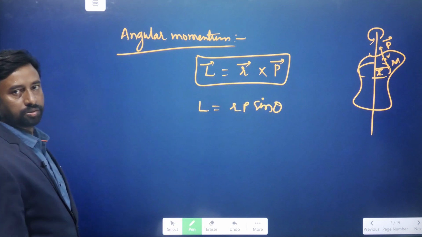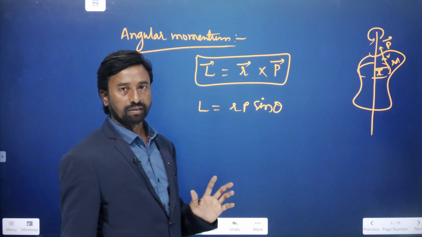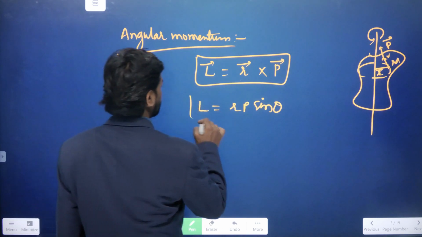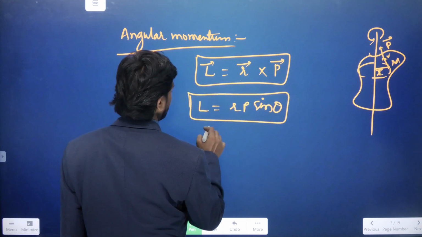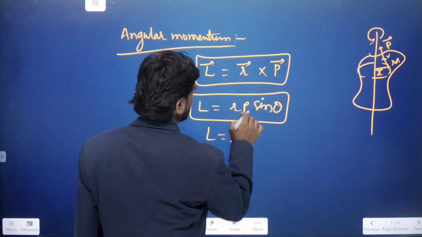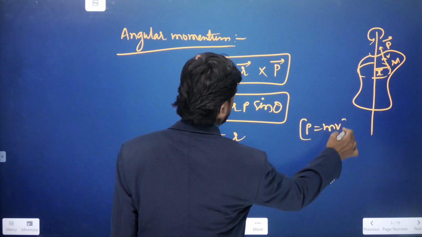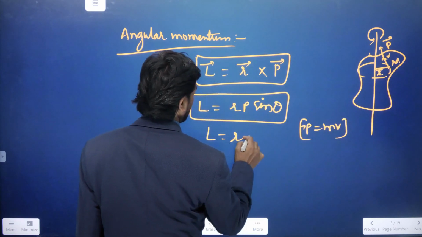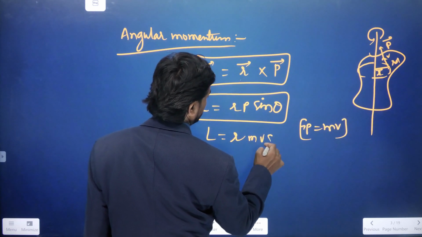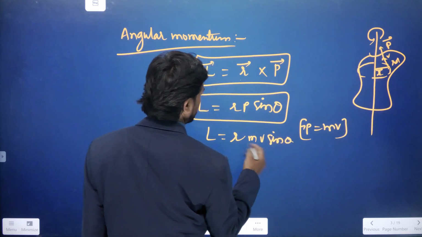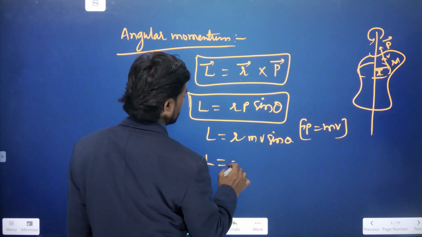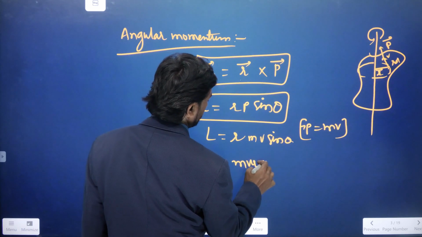Also, P is nothing but the product of the mass of the body and the velocity with which it is rotating. So we can write L equals R into M V into sin theta. Simply, L equals M V R sin theta.